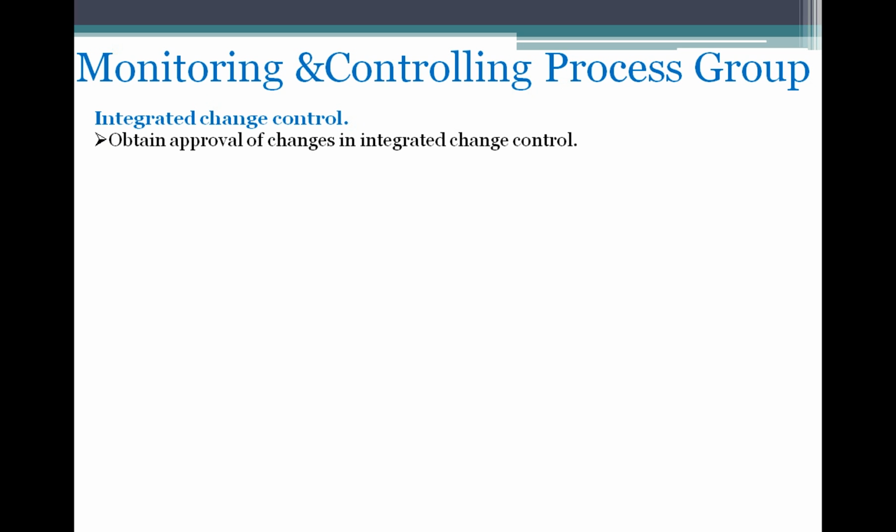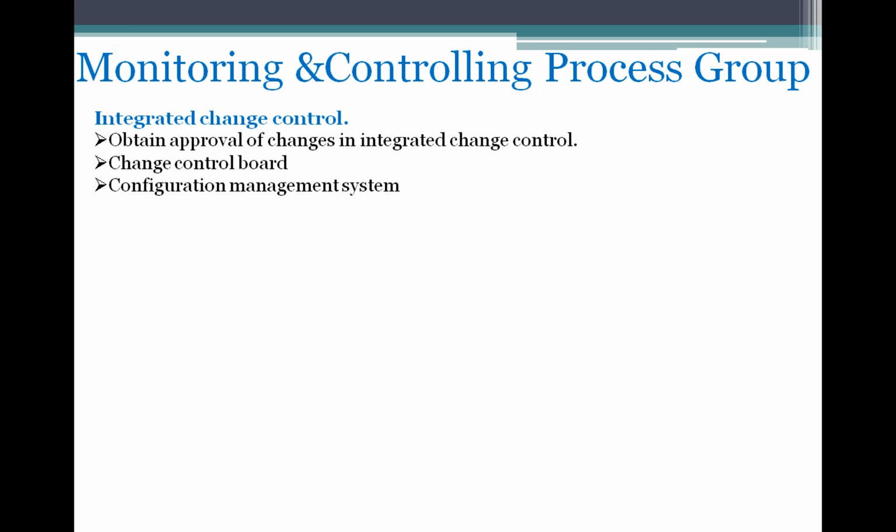That will be the baseline version of the project plan document. That is, obtain the approval for changes in integrated change control, and it will have a change control board. It goes to the change control board and they approve. Once it is approved, this version of the project plan will be baseline.